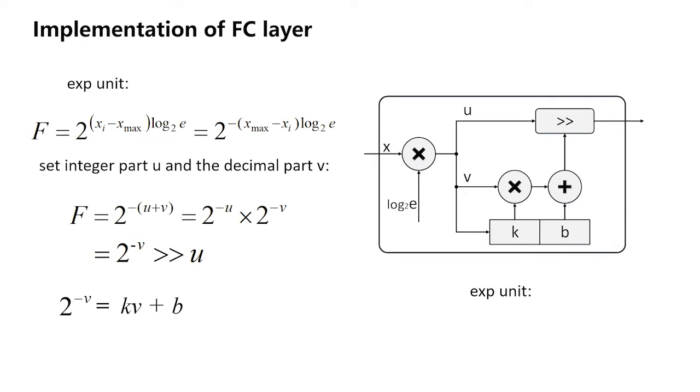The power of E can be transferred into such form. The power of E is expressed by the power of 2. Since we can set the integral part as U and the decimal part as V, then F equals this form.